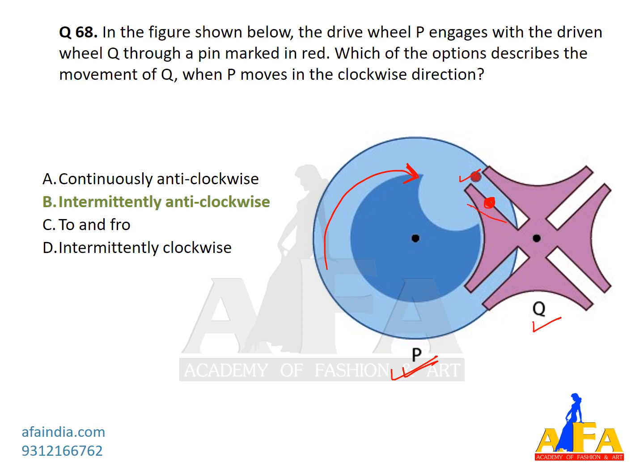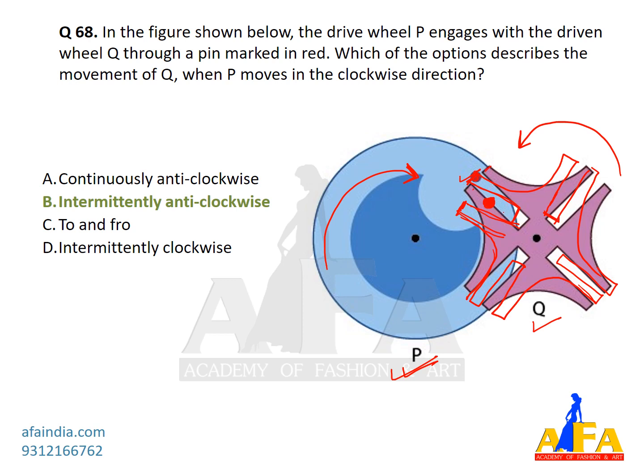So then what will it do, it will form something like this. Okay, as you can see in the image, if this point is coming clockwise, it means it is rotating this Q in the anti-clockwise direction.